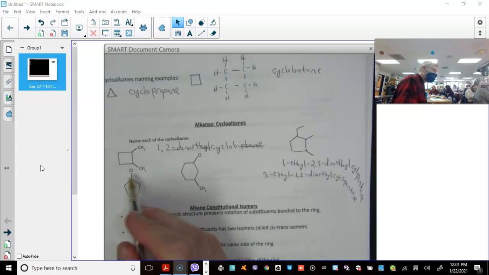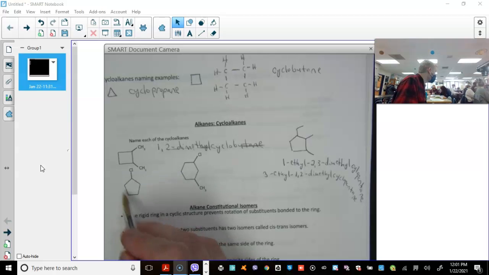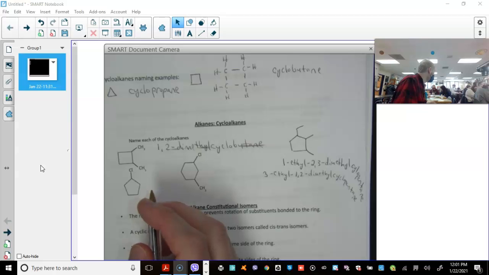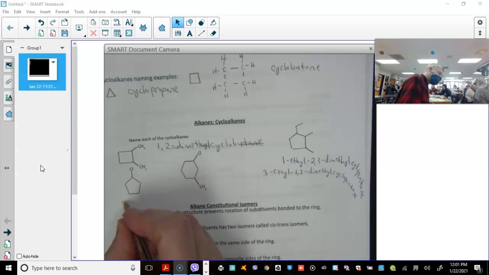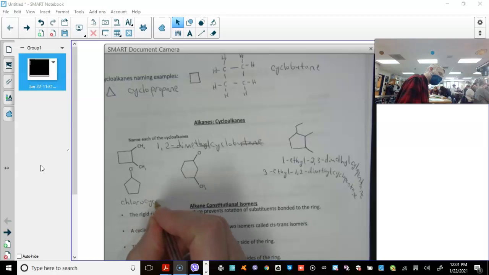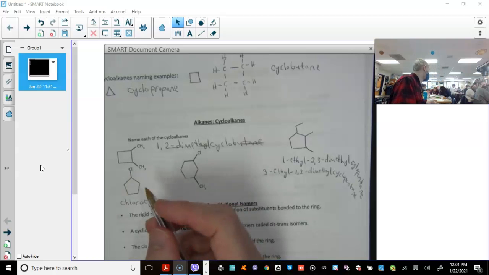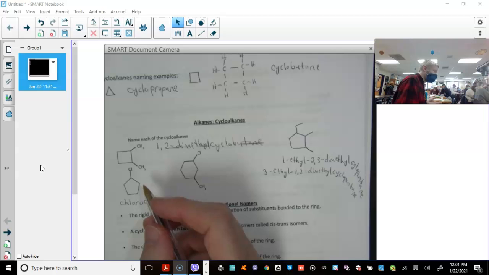All right, let's do this one. Here's a cyclohaloalkane, because there's a halogen in there. This is 5 carbons, therefore it's cyclopentane. But we've got chloro. Since it's on the first carbon, you don't have to write 1-chloro, but if you really like writing the number 1, you can.